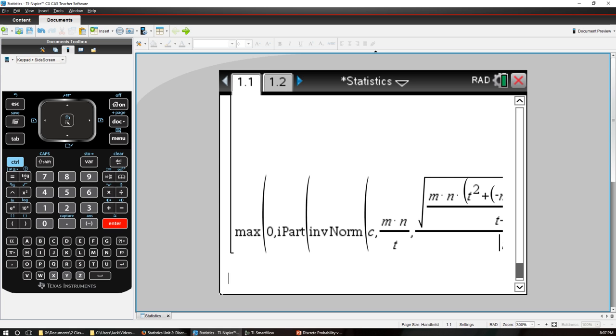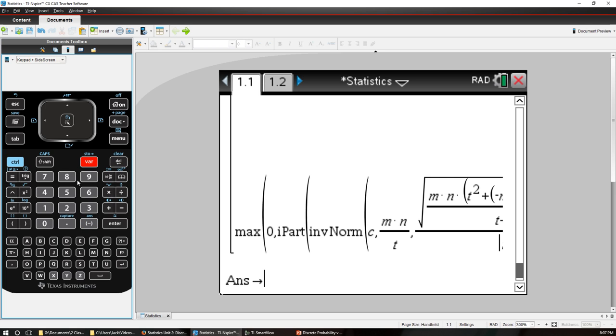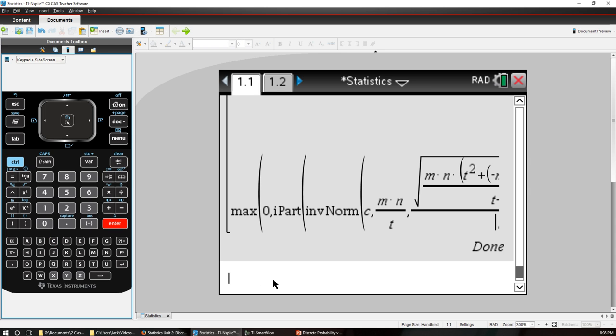That should be good. Now take that answer and store it in the function inverse HGO, total, M, N, C. Okay, this may have fixed it.